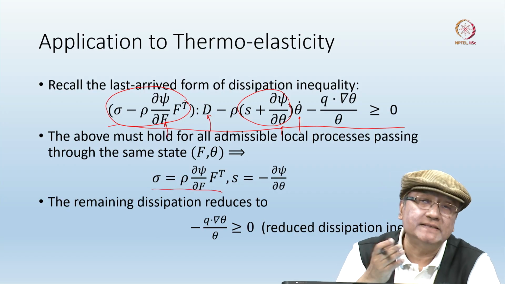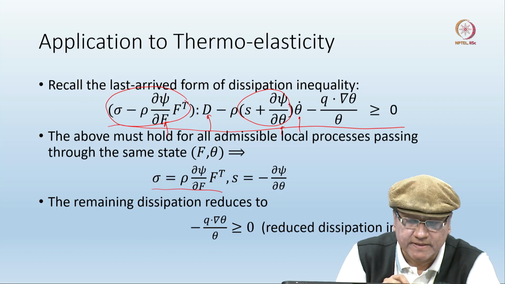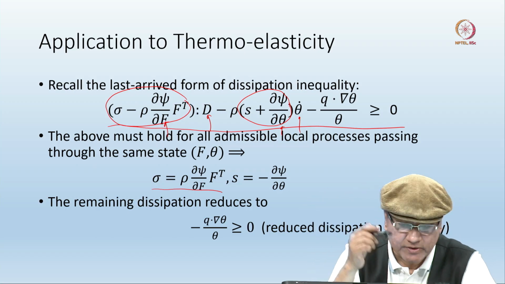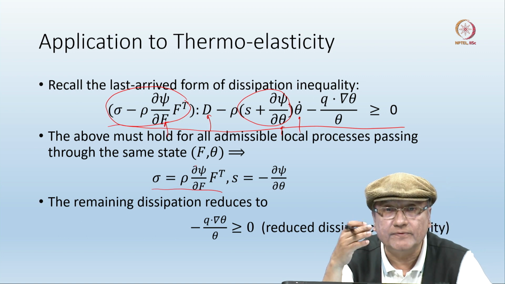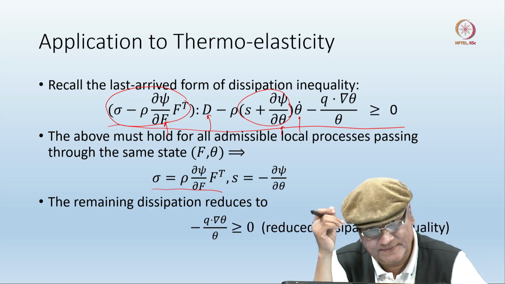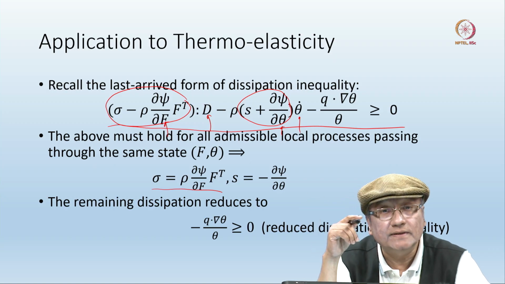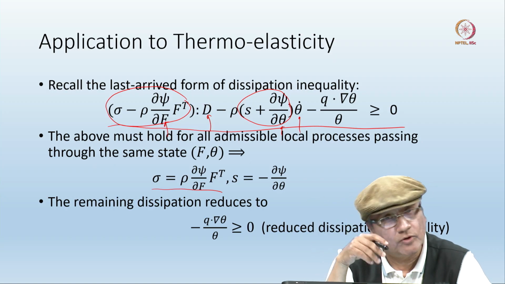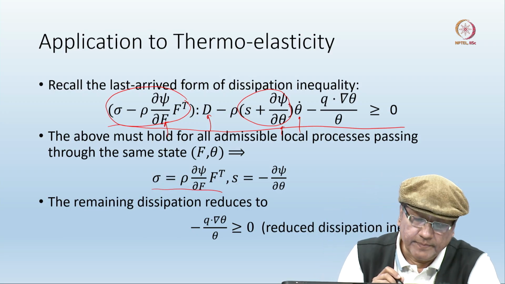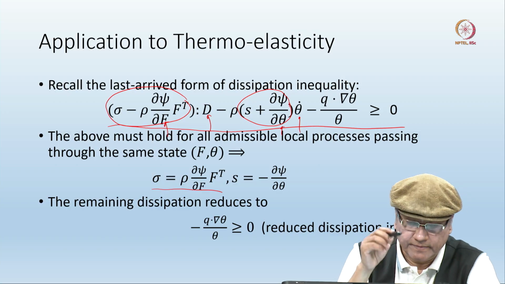Not really stress strain, in this particular case, it is the stress versus deformation gradient relationship. But suppose I consider my psi as a function of the strain itself instead of the deformation gradient, which I can easily do. Then I can write the stress strain relationship this way also, because of the same logic.